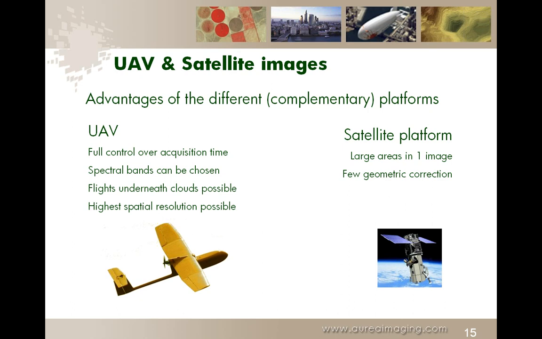So that's not that much an issue anymore. So I hope you have learned something about the use of UAVs, the possibilities we can have with it, and I think within the future it will be one more tool in the precision agriculture service chain.